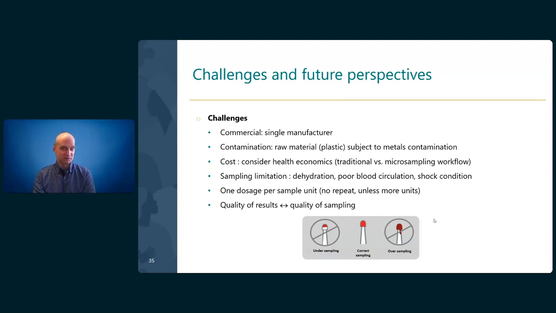So this becomes a limitation. Also the cost. When we compare VAMS devices to a regular sampling tube, obviously there is a difference in the cost. Let's say 10 times more costly for the VAMS than regular tubes.